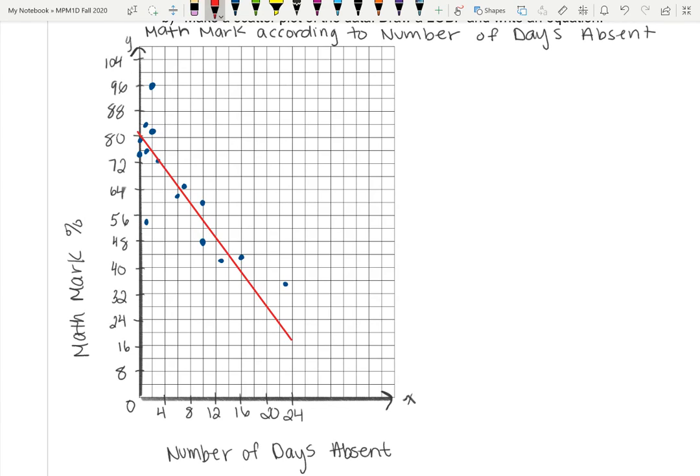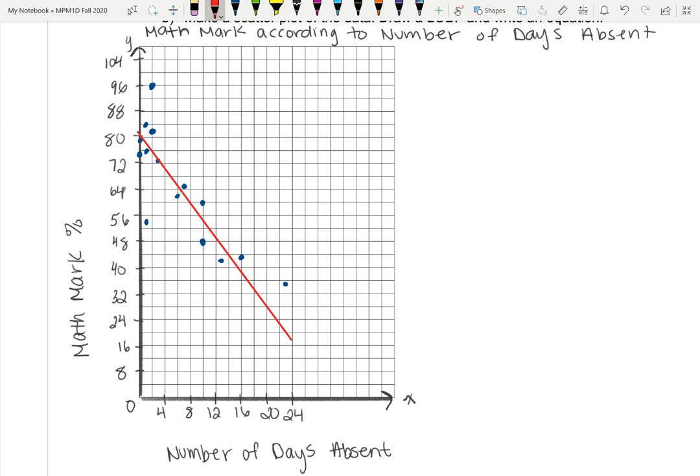Now I'm going to create an equation of the line. So my equation is going to be in y = mx + b form. I'm going to start off by picking 2 points on the line, okay? So any blue point that is not on the line of best fit cannot be used. This is an equation of the red line, which is our line of best fit.